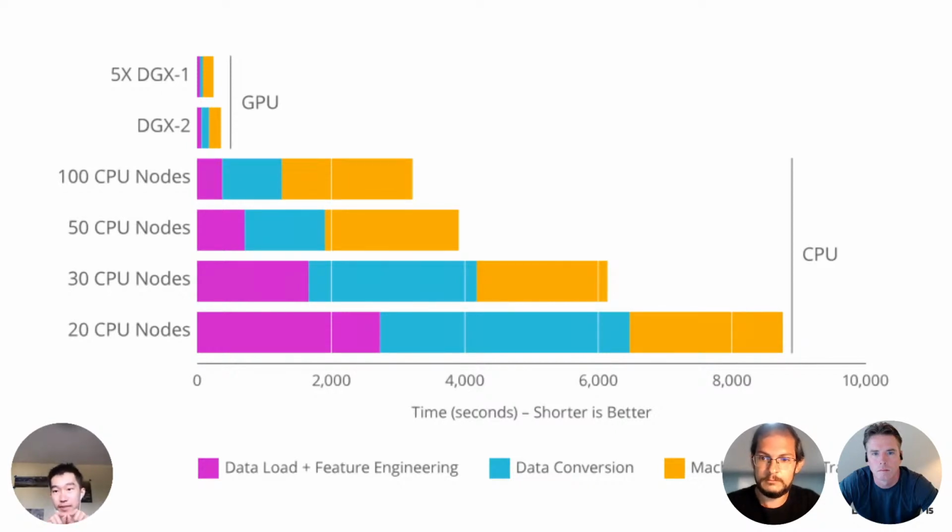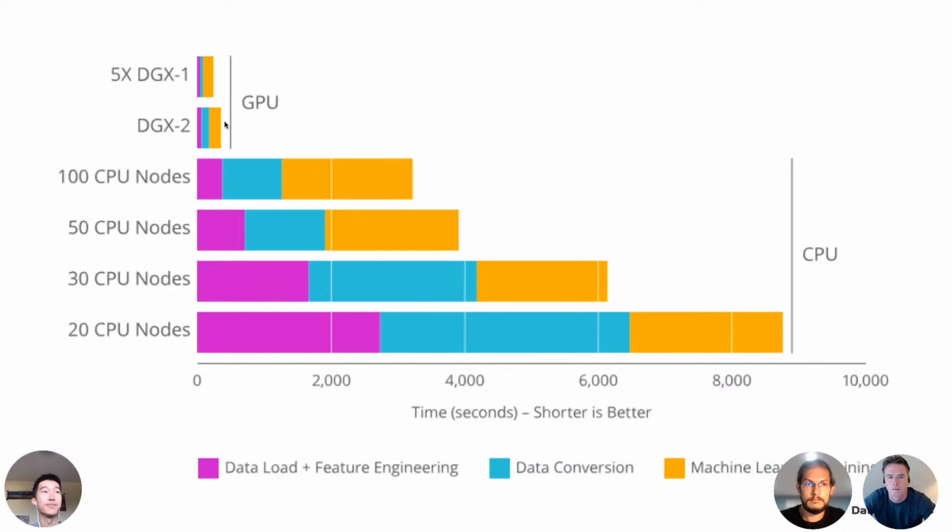You can run lots more different threads on a GPU than you can on a CPU. And since data science and machine learning requires a lot of parallel computations, GPUs are much better suited for this task. So as you can see here, they're very performant when it comes to doing things like machine learning and data science, which is why we want to use them for what they're good at.